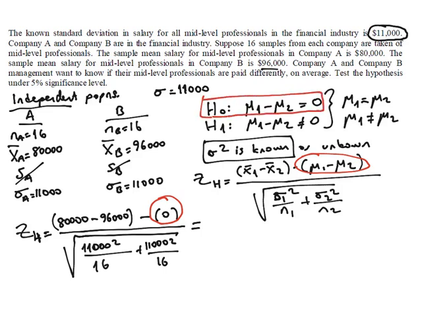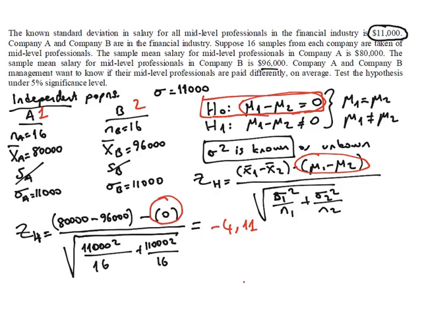You can see that this is equal to 0. The original hypothesis gives me the value of mu1 minus mu2. This is the first population and this is the second, so I do the indices according to that. The result will be minus 4.11.